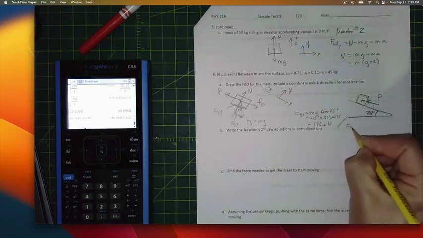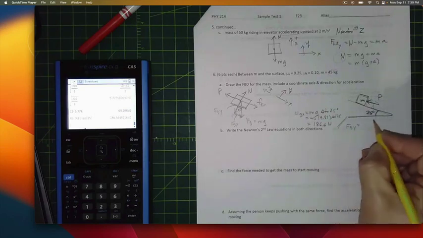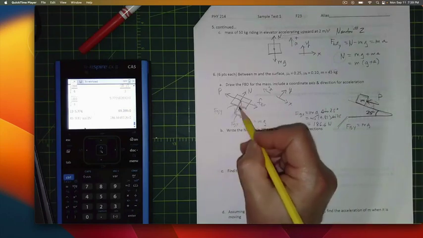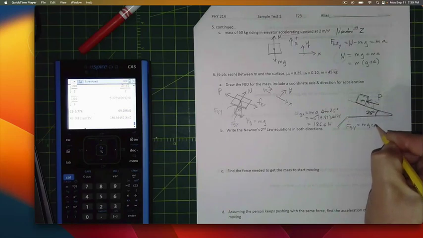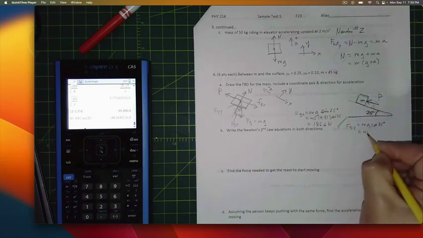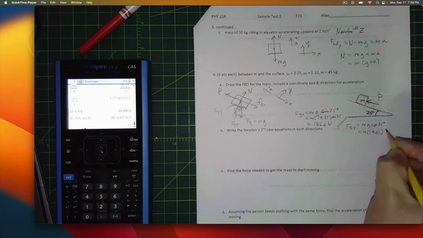And then let's do F_Gy. mg, but now y is the one adjacent to the angle, cosine 25. So again, 45, 9.81, cosine 25.